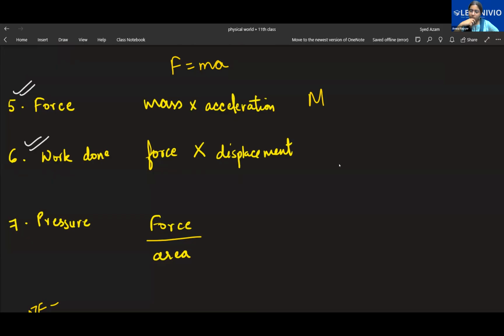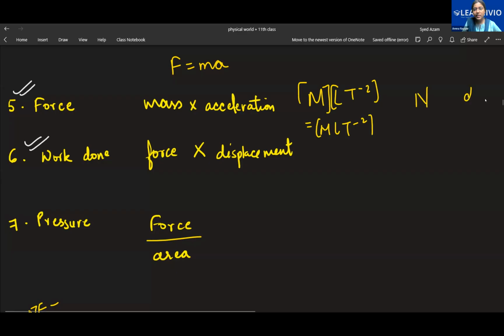LT to the power minus 2. Correct. So it is m multiplied to LT to the power minus 2, so the formula will be MLT to the power minus 2. Unit is also very important for force. It is Newton, and the CGS unit is dyne.